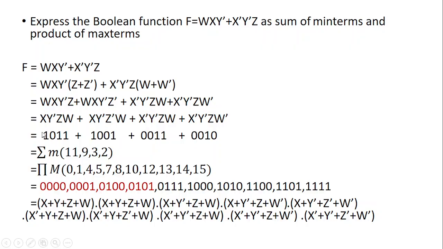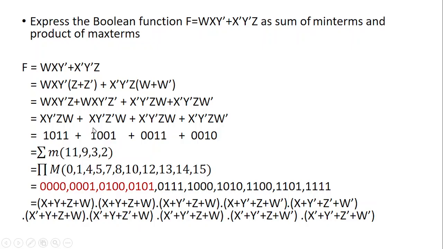Now wherever 1 is there, this is SOP. Wherever x is in the normal form and y is in the inverted form, put 0. Z is in the normal form, write 1. W in the normal form, write 1. The plus is not required because I have just put it there to show you that it is the same thing.